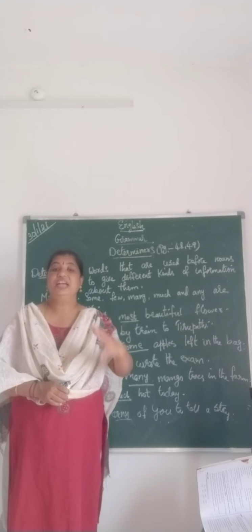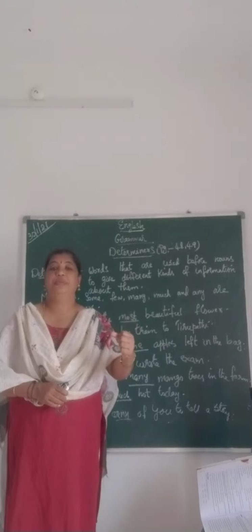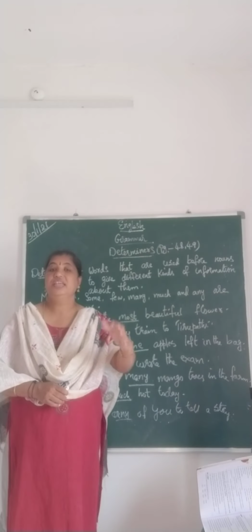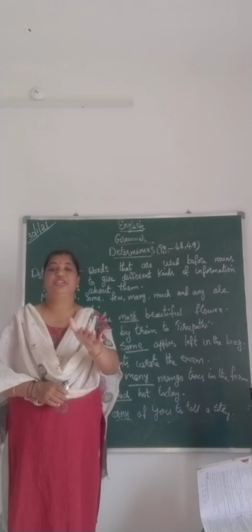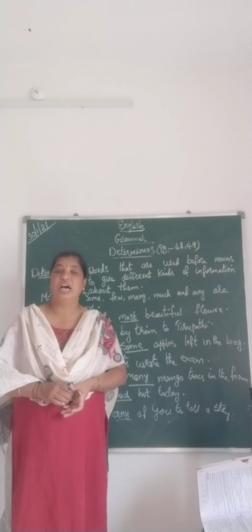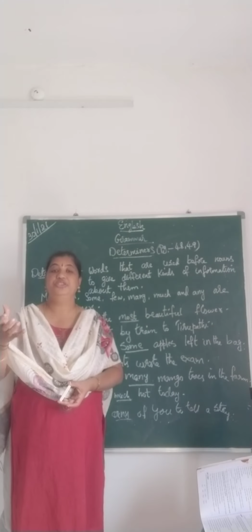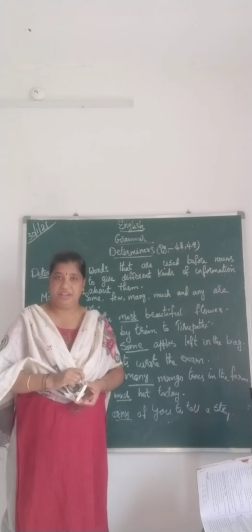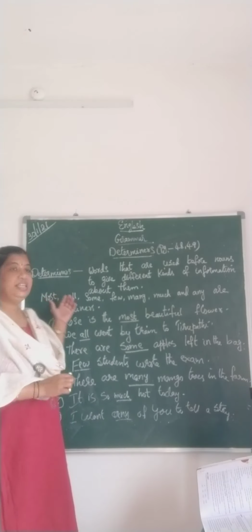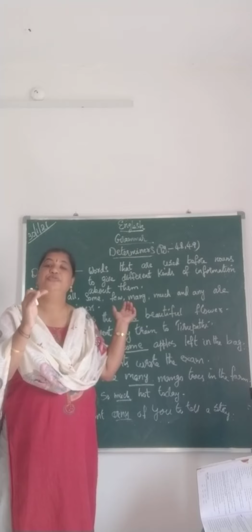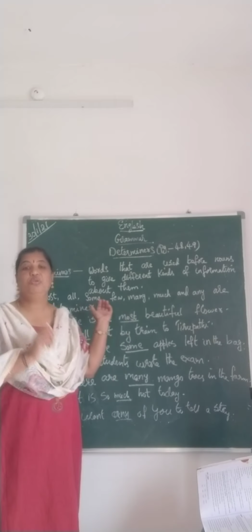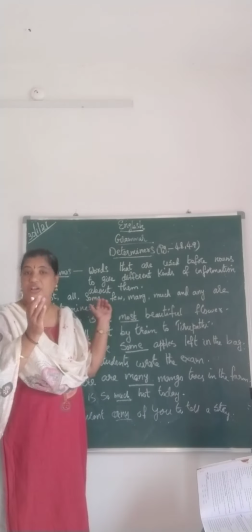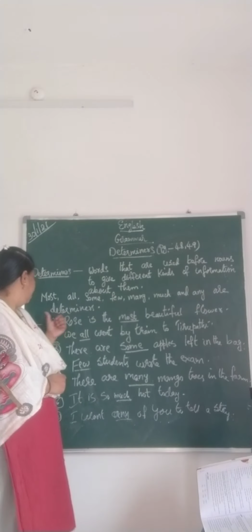They are giving us some additional information, and these may be used in some situations before a noun. So extra information words are nothing but the determiners. Right? So let us see one example for each determiner. Then you will have a clear idea of what we are talking about.